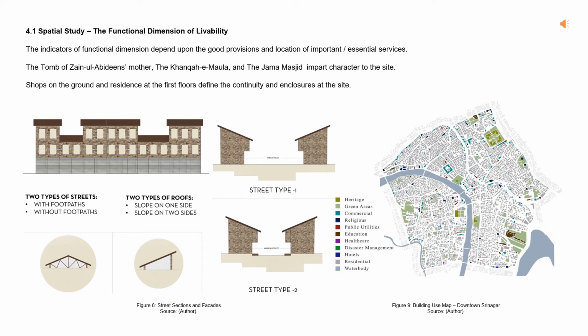Otherwise, some of the locally distinctive buildings that used to impart, or still impart, character to the site included the tomb of Zainul Abidin's mother, the Khankai Mola, the Jamia Masjid, and the shops on the ground floor and residences on the first floors that used to define the continuity and enclosures at the site.